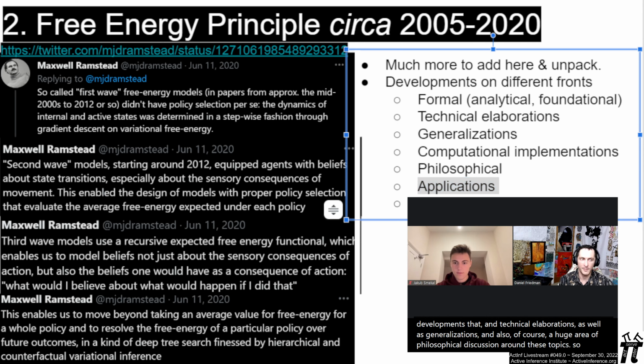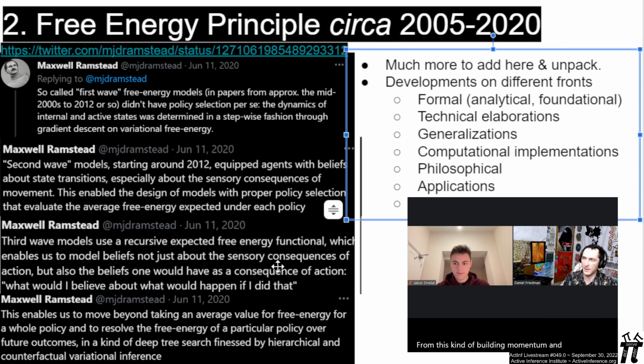So there's been a lot happening since 2005 to 2020 in free energy principle, and this is going to get us up to where we're ready to explore what's happened in the last few years from this kind of building momentum and progress in the space. Anything to add, Jakob?